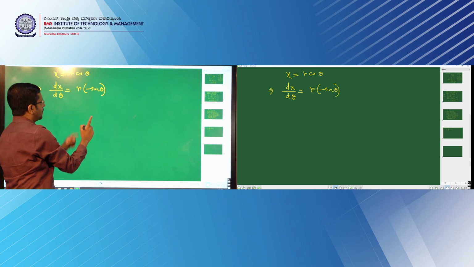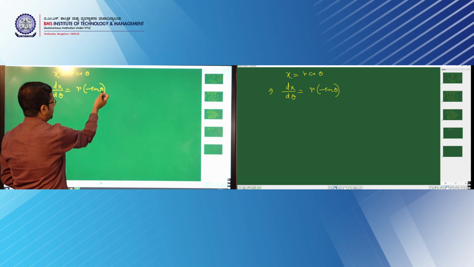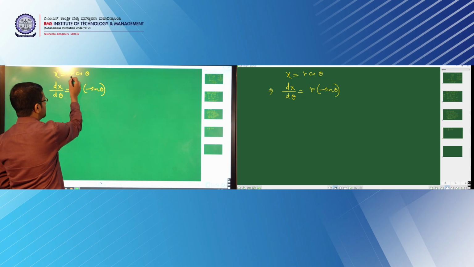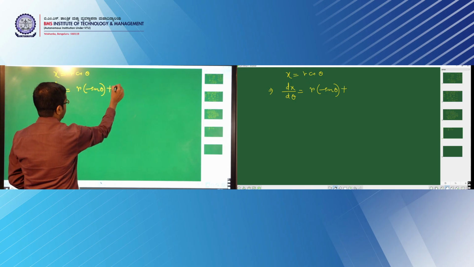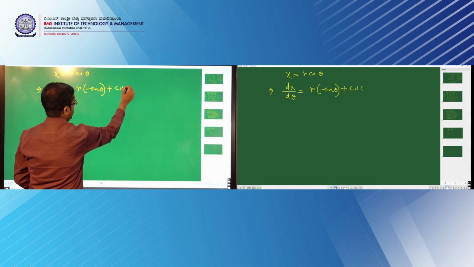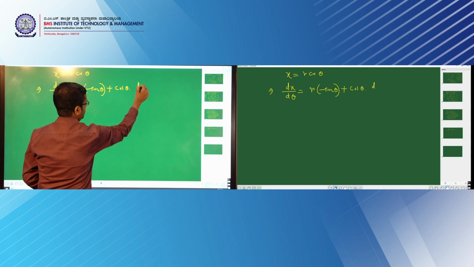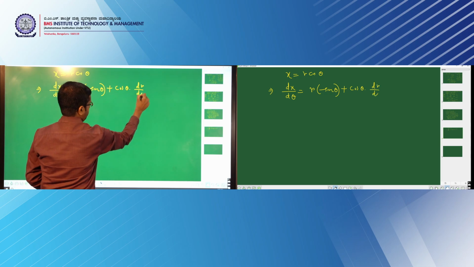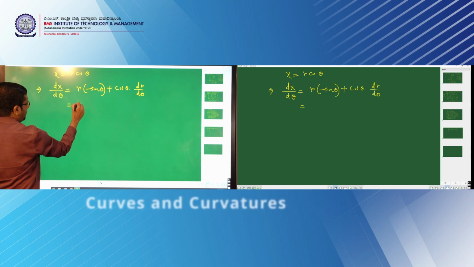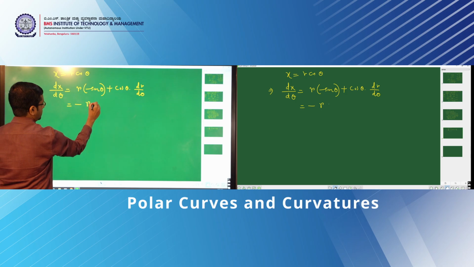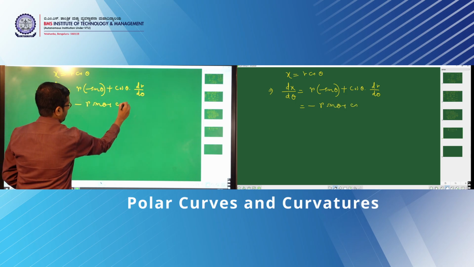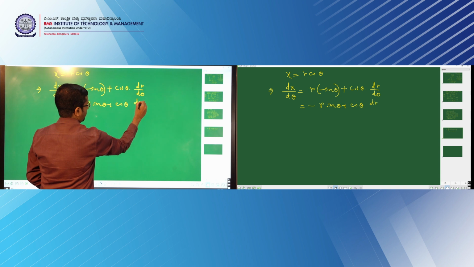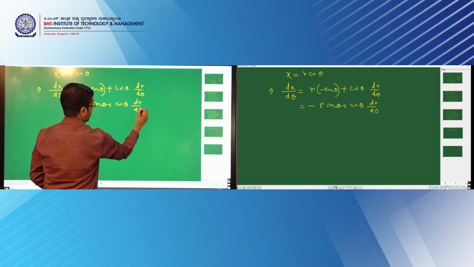But students, don't stop here, because r is also a variable, r is a function of theta. So you have to differentiate that term also, and plus cos theta into dr by d theta comes. Once again, this will be minus r sin theta plus cos theta dr by d theta. This is your dx by d theta.